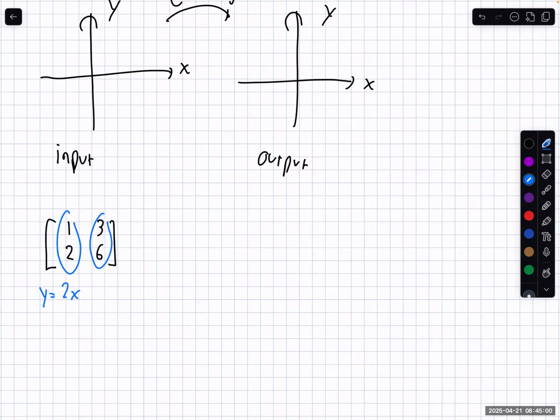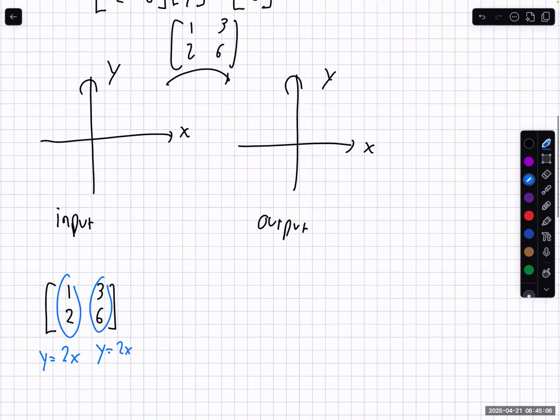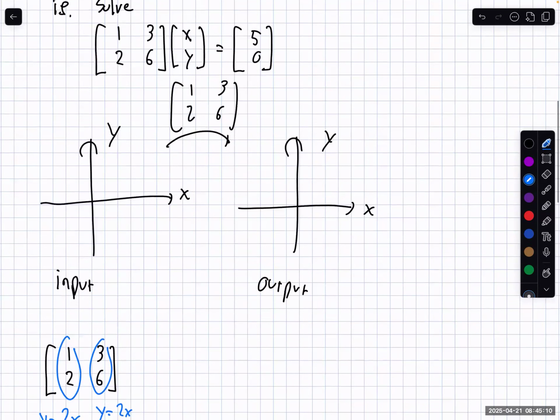And that's the same for the second column. So remember, what we do to compute an output is take a linear combination of the columns. The input is the scalars that we use. So we see that the column space of the matrix is this line y equals 2x.